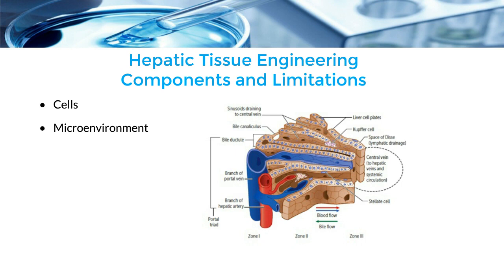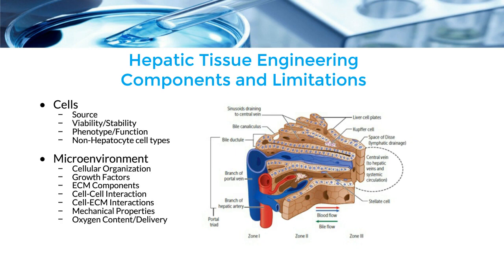In a large body of literature that I'm not going to present today, what we and many others have shown is that the microenvironment, the environment in which these cells are sitting, dictates through both physical signals as well as chemical signals to the cells, and it's through these signals that the differentiated phenotype and function of hepatocytes is maintained.